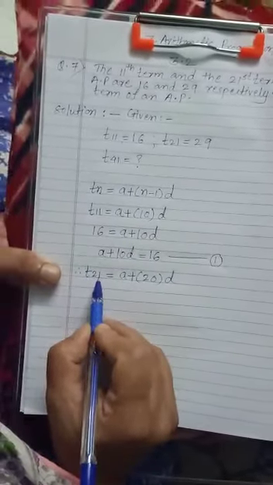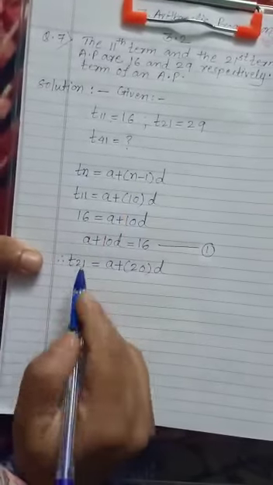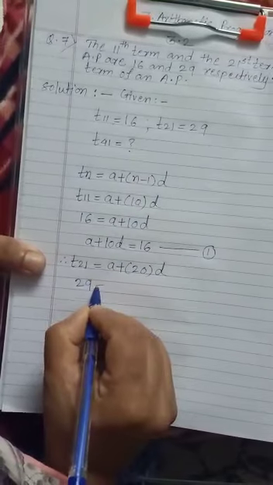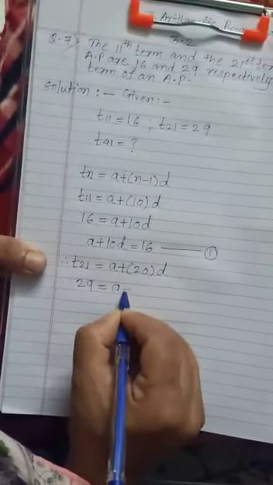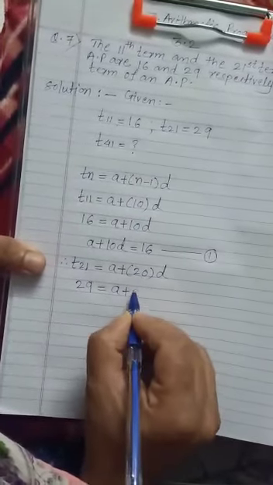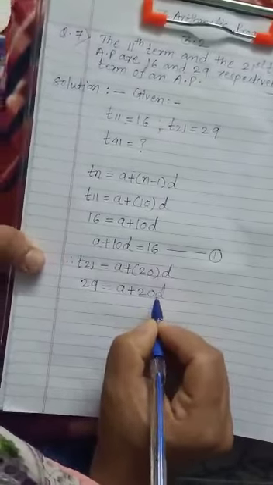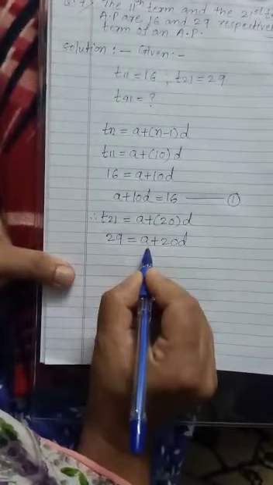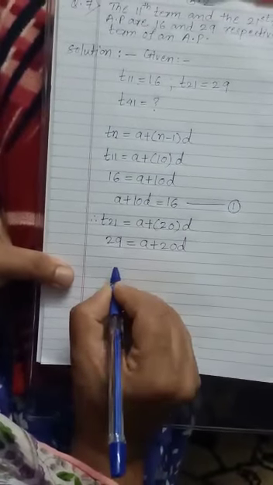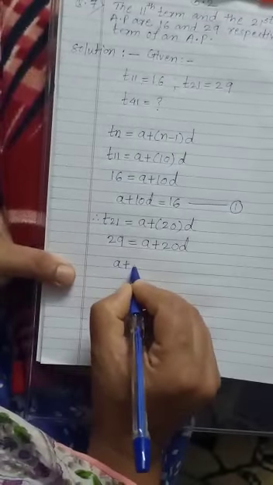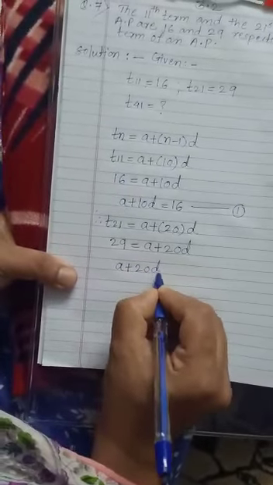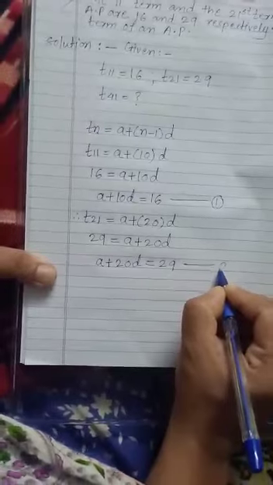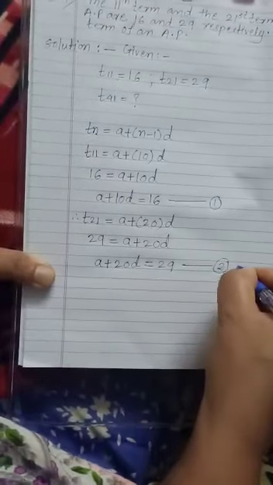So T21, its value is 29, that I am putting here in place of T21. 29 is equal to A plus 20D. Again we are rearranging the equation, that is A plus 20D is equal to 29. It is equation number 2.